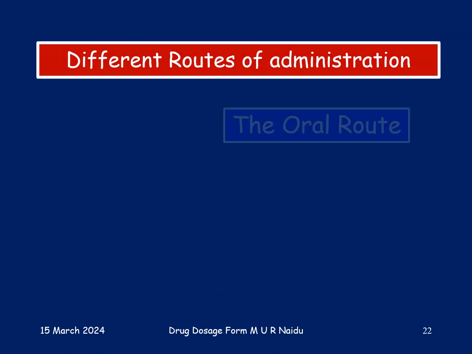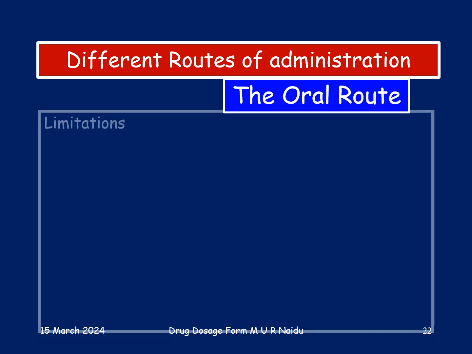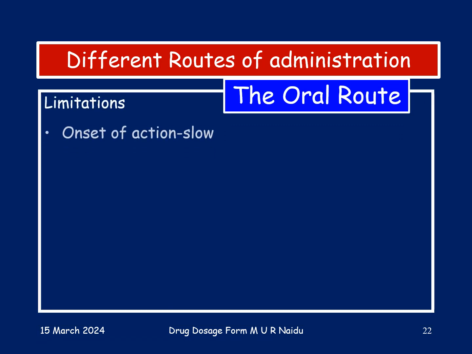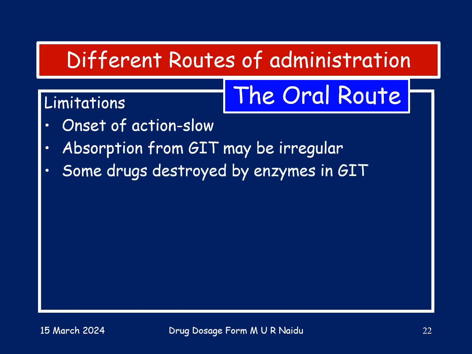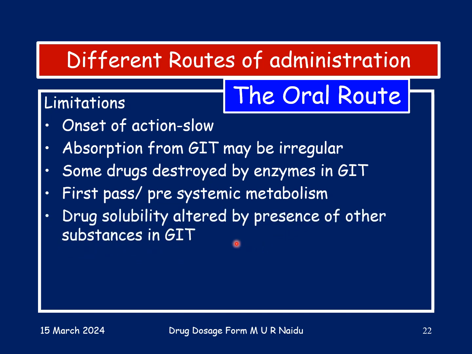Oral route limitations: onset of action is slow. Absorption from the GIT may be irregular. Some drugs are destroyed by enzymes in the GIT and are not effective. First pass effect, pre-systemic metabolism, can occur with some drugs. Drug solubility is altered by the presence of other substances in the gastrointestinal tract.